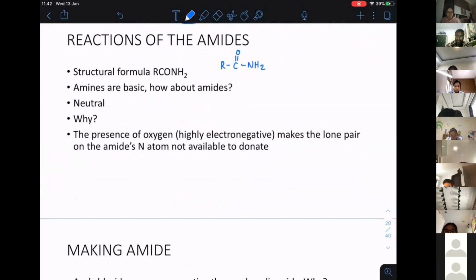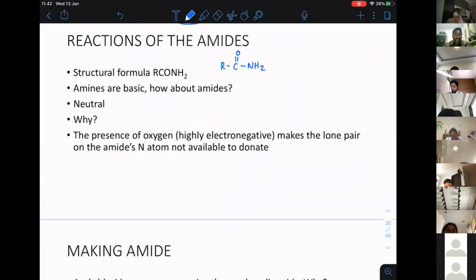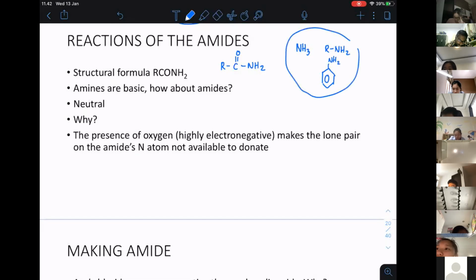Now we have learned that NH3, amine RNH2, and phenylamine are all basic. Why are they basic?